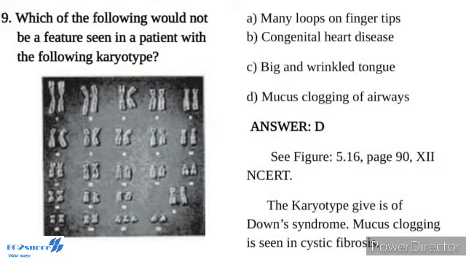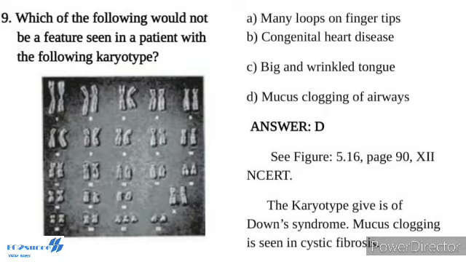Down syndrome means the cause of the genetic disorder is the presence of an additional copy of chromosome number 21, that is trisomy of 21. This disorder was first described by Langdon Down in the year 1866.